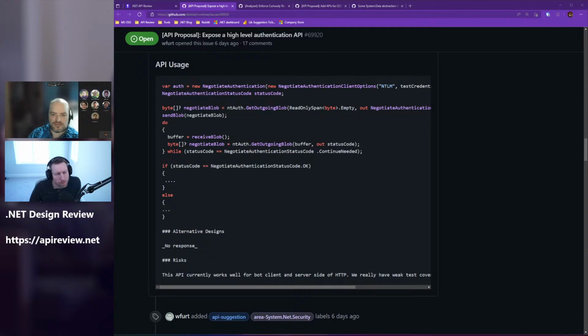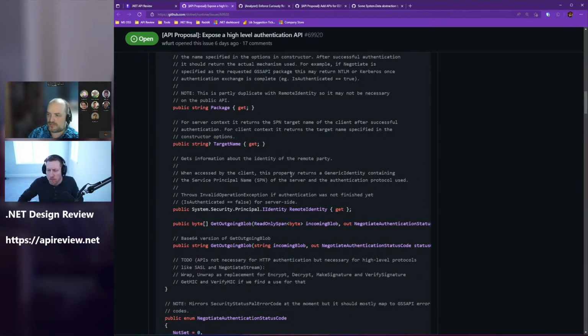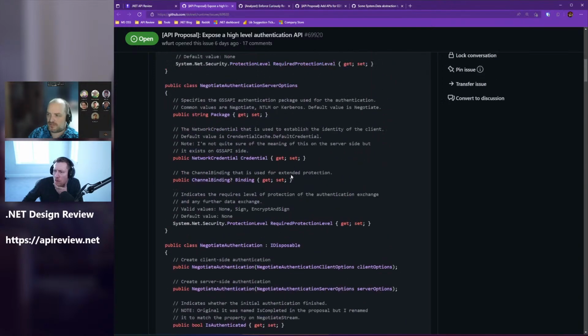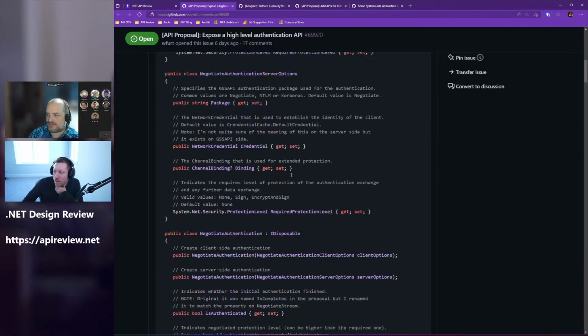But I haven't actually seen the negotiate auth API. If you want to scroll back up to that. Yeah, which one do you want to see? It's negotiate authentication. So there's the client options.